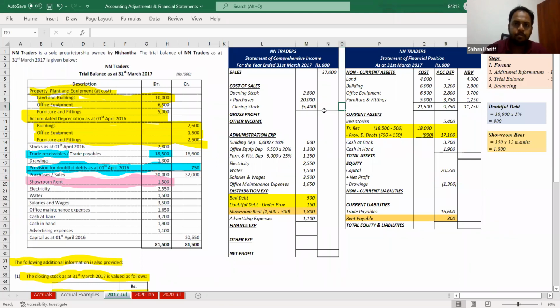That's all. Cost of sales, gross profit, and find the net profit.